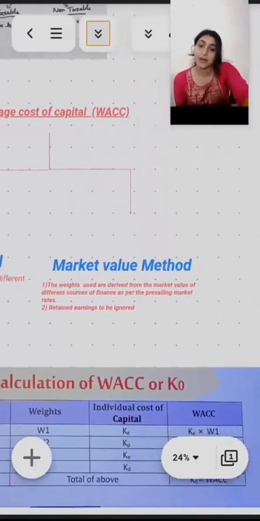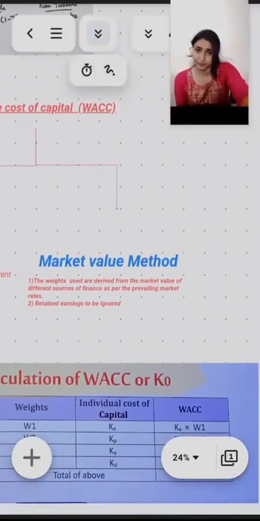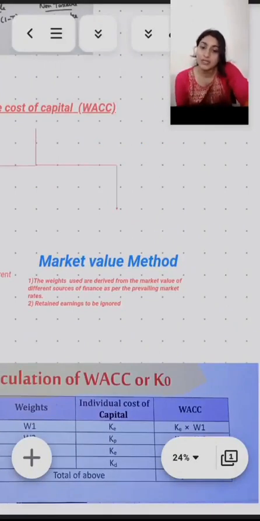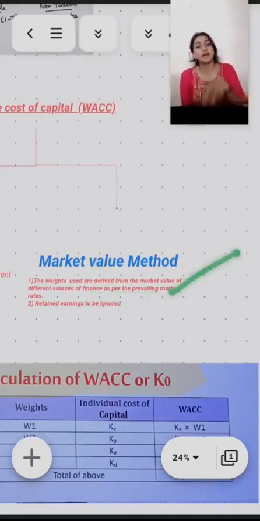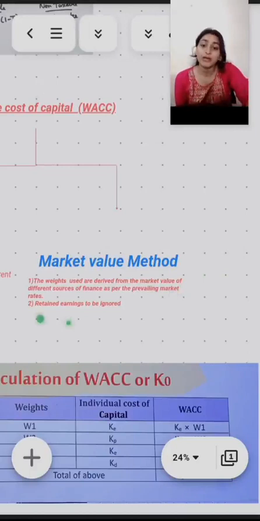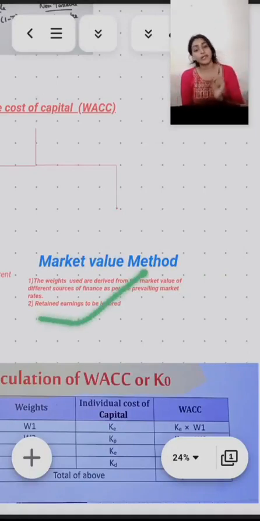Whereas in the case of the market value method, the weights used are derived from the market value of the different sources of finance as per the prevailing market price, that is, the current market price. As per that you should calculate the weights. Here the retained earnings are to be ignored.